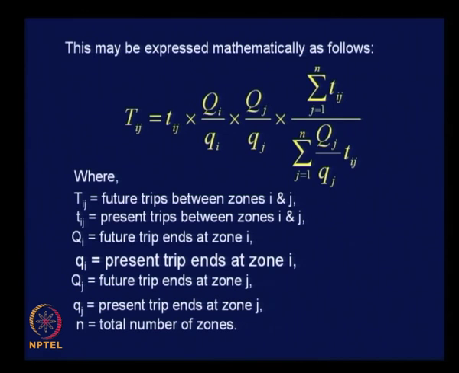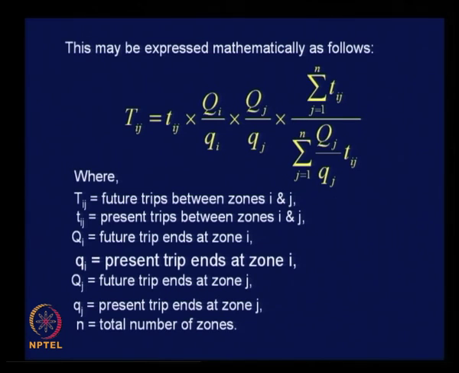The denominator is nothing but the Tij values for horizon year condition. We multiply Tij for each zone by the factor capital Qi by small qi, is it not? So, that is how the distribution of trips for horizon year condition is obtained as per Fratar's method.